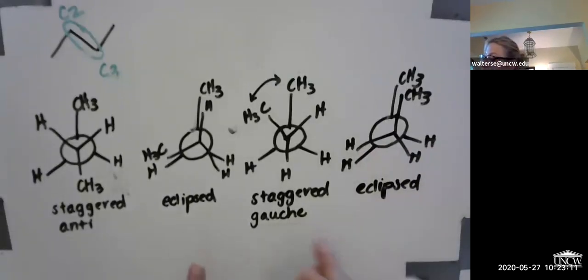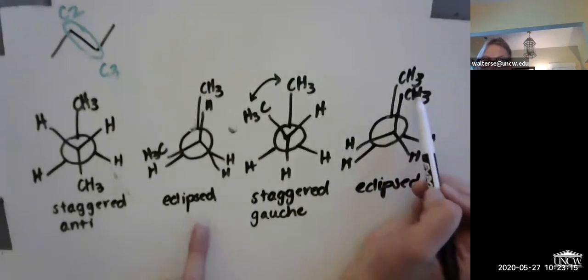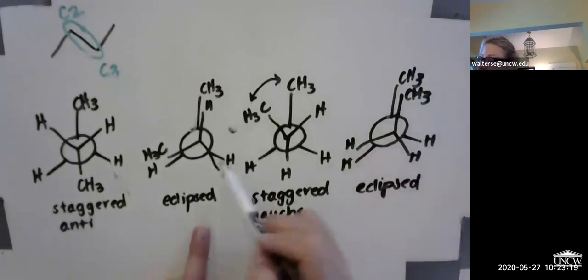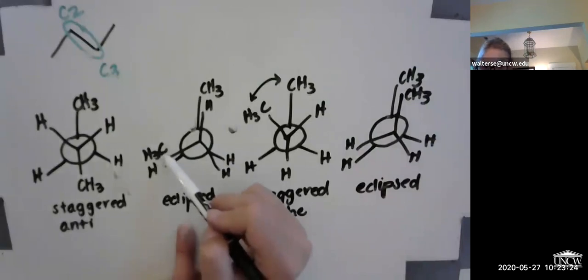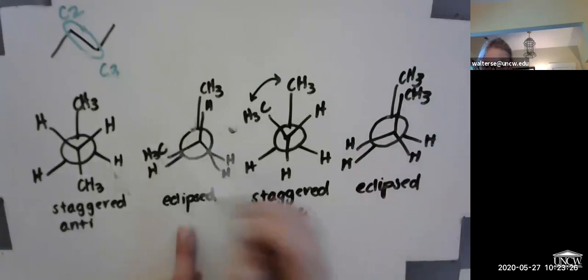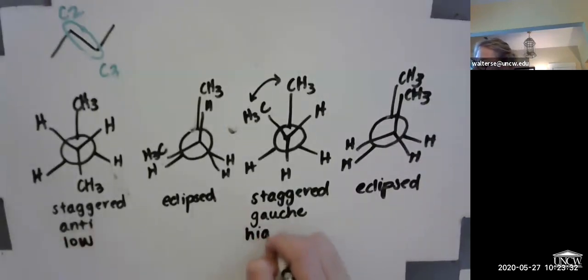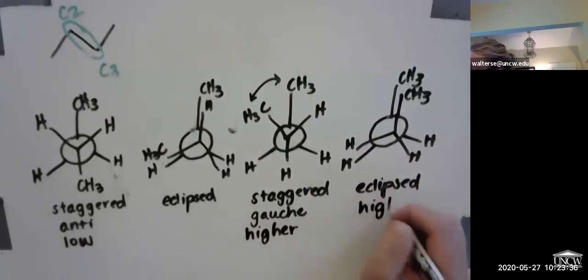You'd need the numbers to know that a methyl-methyl steric strain is higher in energy than two different hydrogen to methyl steric strains. But what you do need to know is that this is low, this is higher, and then the eclipsed are always going to be highest.